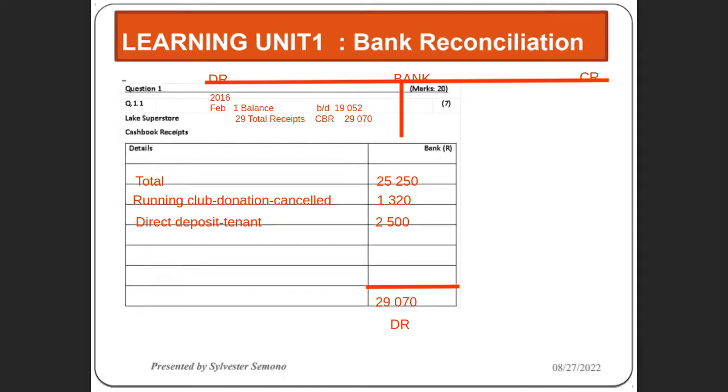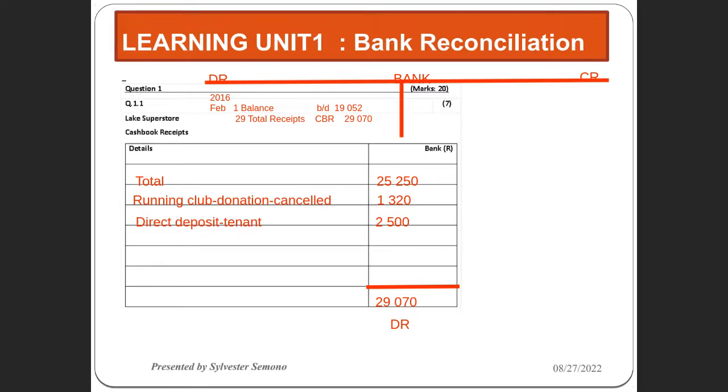Yes. And I must also transfer. Remember, the other one will be the CBP. The CBP obviously will go to the opposite side. I'm going to go to the credit side now and write 2016 February.